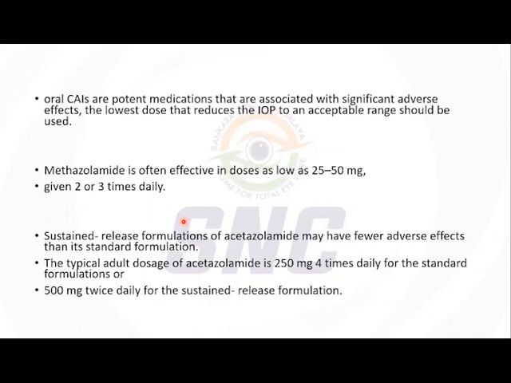Oral carbonic anhydrase inhibitors are potent medications that are associated with significant adverse effects. The lowest dose that reduces the IOP to an acceptable range should be used. Methazolamide is often effective in doses as low as 25 to 50 milligrams, 2 to 3 times daily, and sustained release formulations of acetazolamide may have fewer adverse effects than the standard formulation.